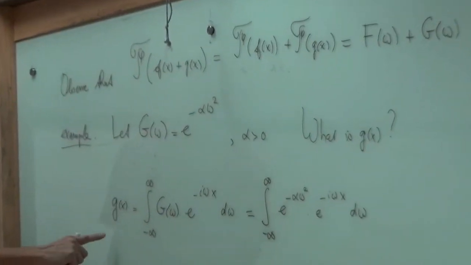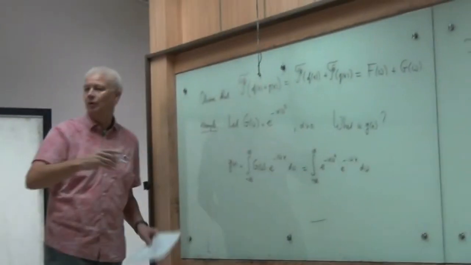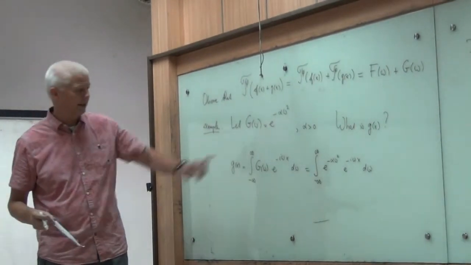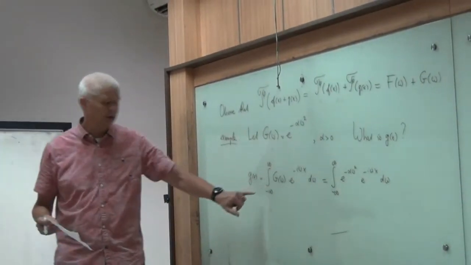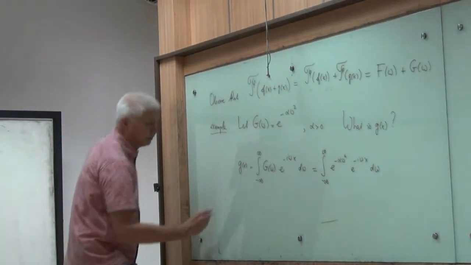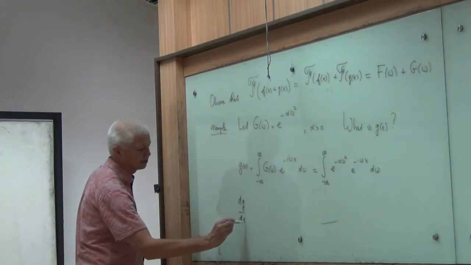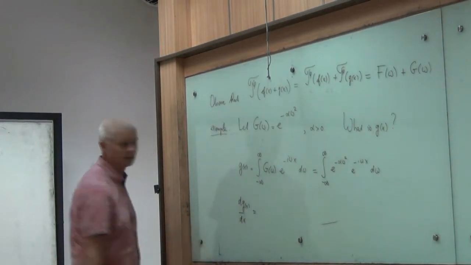One way to find what actually g of x is, if the G omega is this, so you solve somehow a problem and you found in the omega domain this function. Then the question is, what is it in the original domain, or small g of x? Well, one way to do it is you differentiate this function g with respect to x.